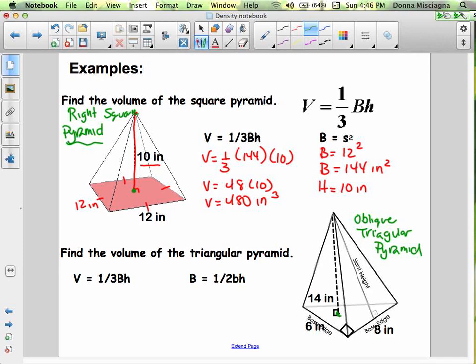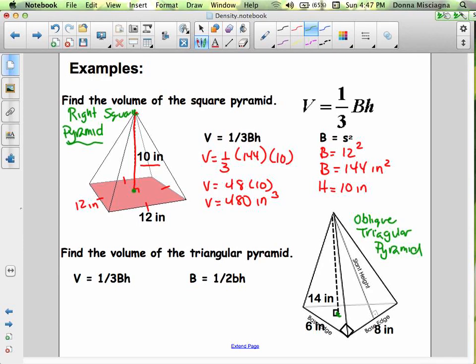So it's an oblique triangular pyramid whose base is a right triangle. But the type of base has nothing to do with whether or not it's oblique or right. But it does mean it's easy to calculate the area of the base.